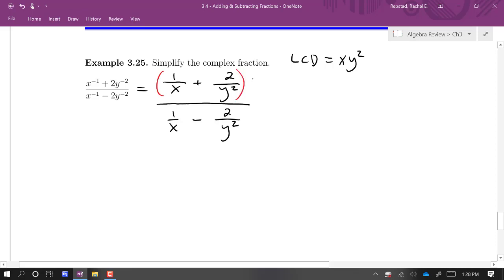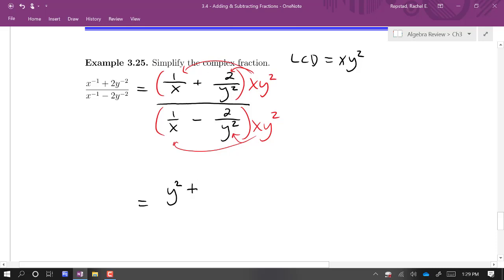So I'm going to choose the second method. I'm going to multiply top and bottom by xy squared. And I'm going to distribute, and as I distribute, I'm going to do the simplifying. 1 over x times xy squared is y squared.